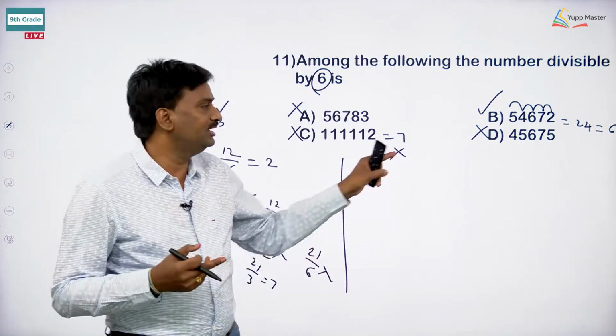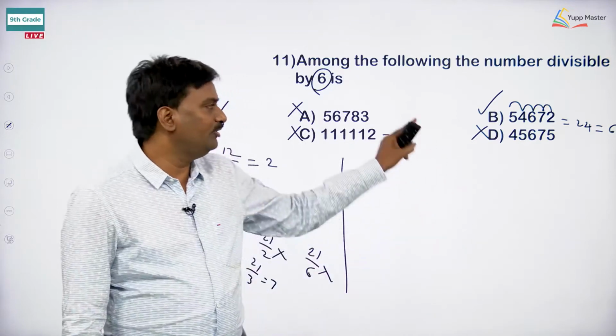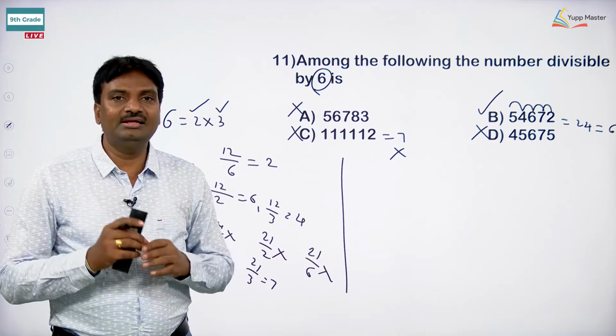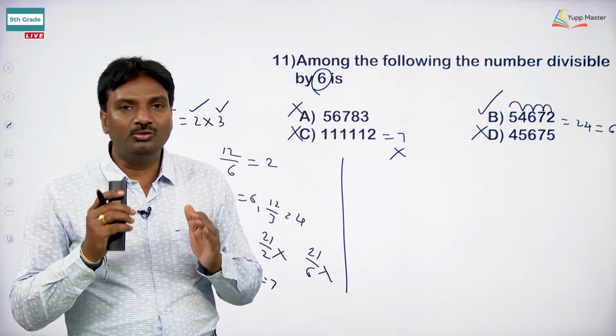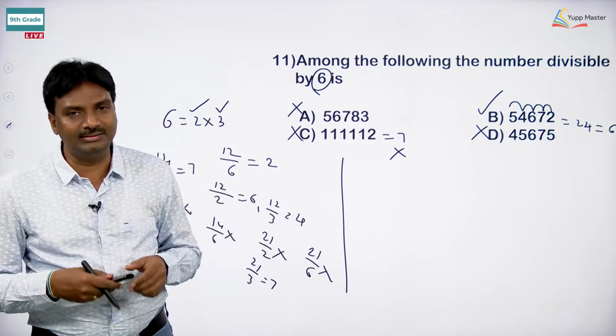Of 6 and 7, only 6 is divisible by 3. So we can take option B as the correct option. To check whether a number is divisible by 6 or not, we have to check whether that number is divisible by both 2 and 3.